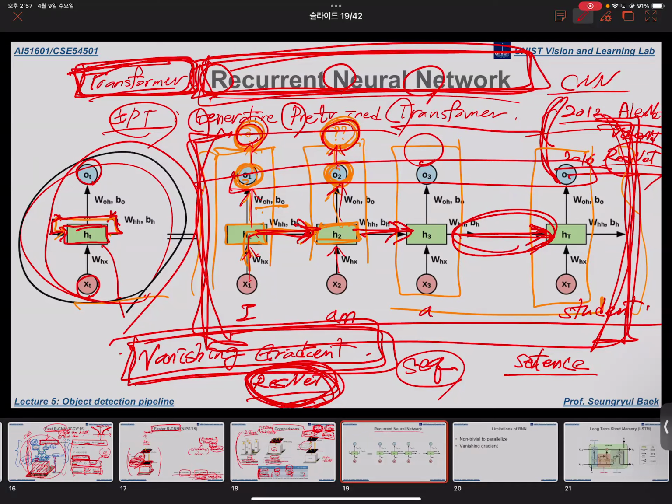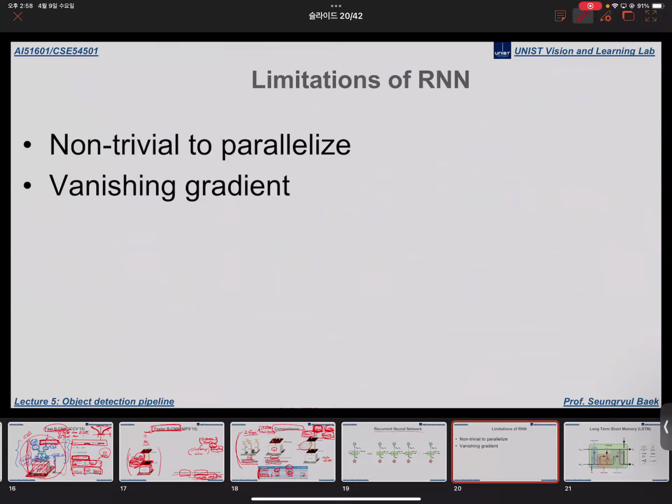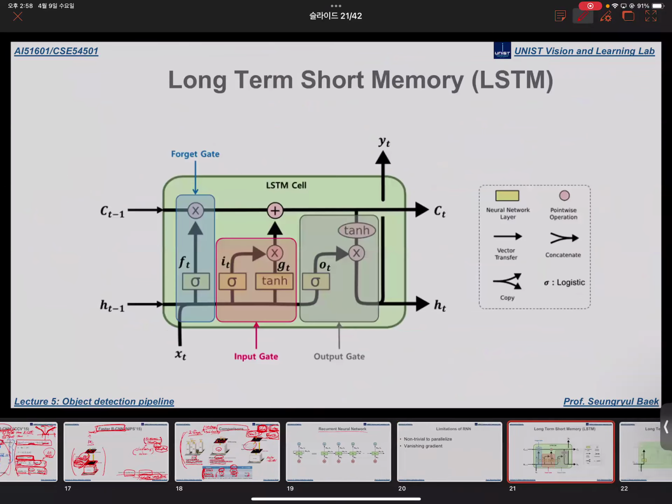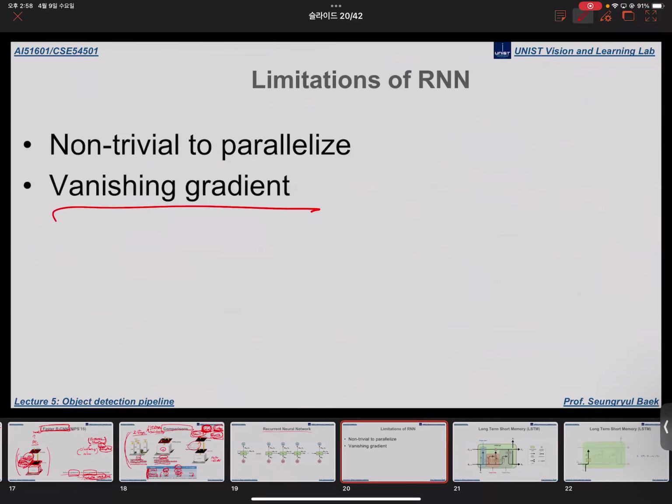So we call that phenomenon the vanishing gradient phenomenon. In RNN, this kind of problem is severe. So NLP researchers thought about an improved version of the RNN, and that is actually the LSTM I will explain from now on.